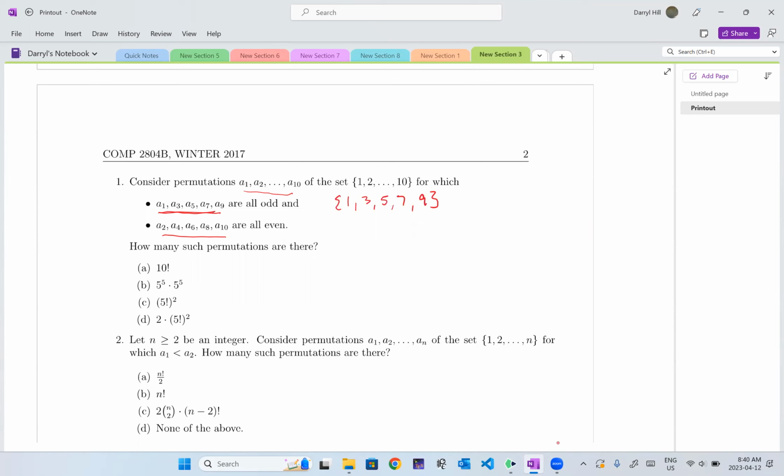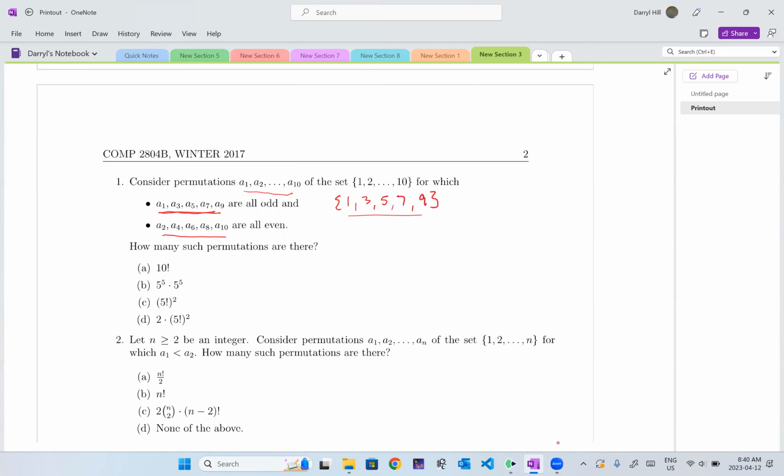So what we would do here is the product rule. I would start with the odd ones. I have 5 locations, 5 numbers.